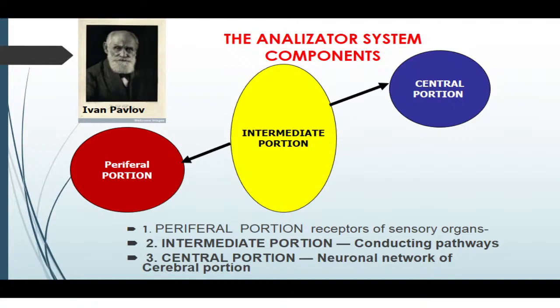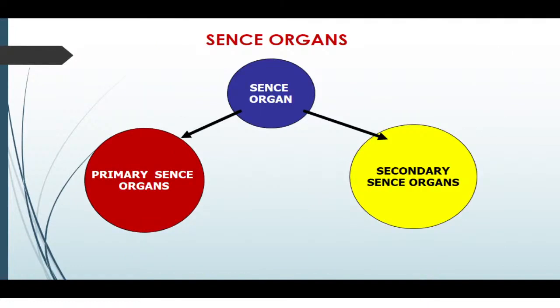And the last, the main central portion, the neuronal network of the cerebral portion. Ordinarily, this is cerebrum, like the main elements.